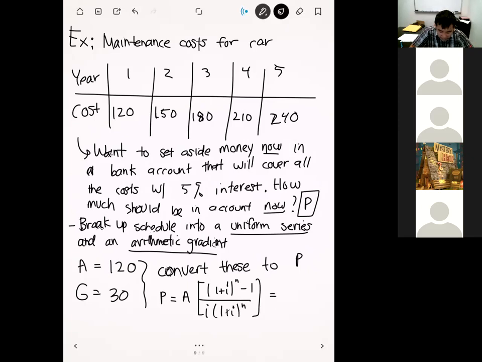And so if we plug in A is equal to 120, we know that n here is equal to 5 because we're doing these costs for 5 years. And then I here is 0.05. And so if we plug all those things in, we can see that our P value here is $520.